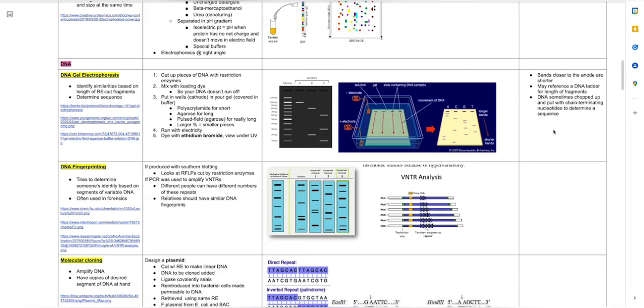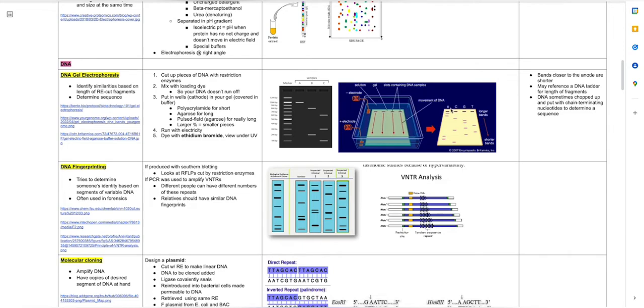Another technique you can do, like we said earlier, is use DNA gel electrophoresis to determine a sequence. What you do for that is you chop the DNA up, and you put it with some chain terminating nucleotides. So with your normal nucleotides you can keep on building on top of them, but with chain terminating ones, you put that one on and nothing will go behind it.